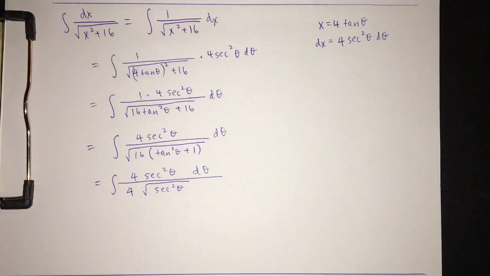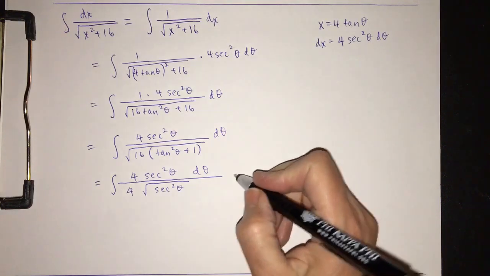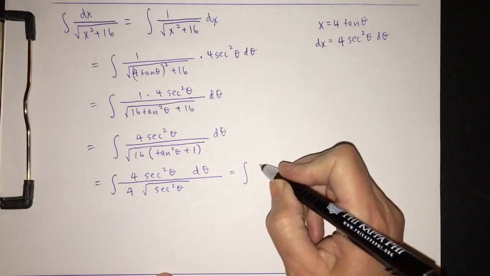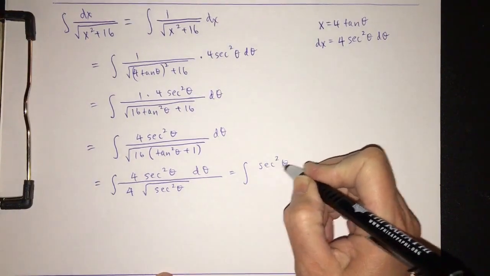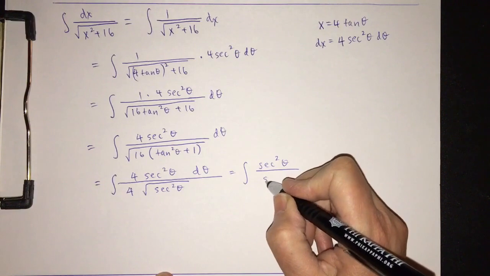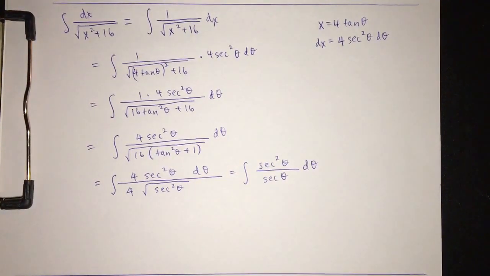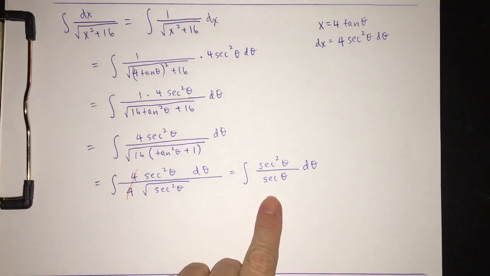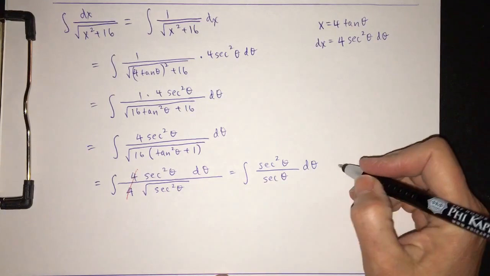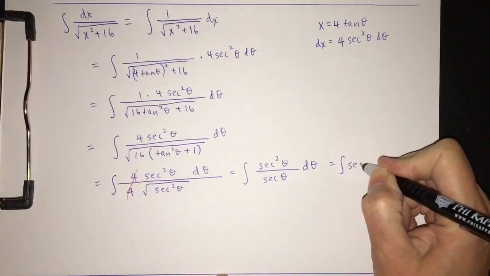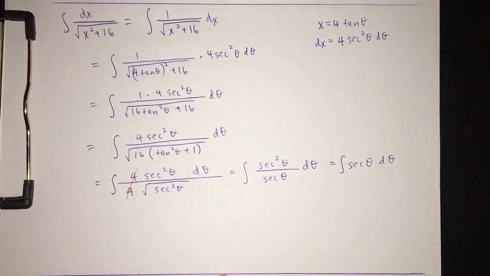And in the bottom, the square root of secant squared theta is secant theta. So I will write this as the integral of secant squared theta on the top over secant theta on the bottom, d theta. And I did cancel out those 4's. And now this will reduce to the integral of secant theta d theta.